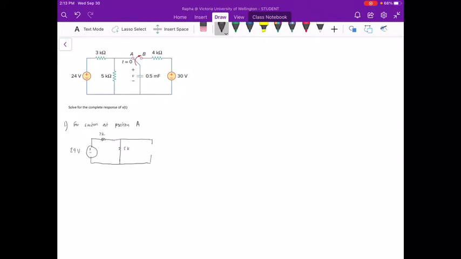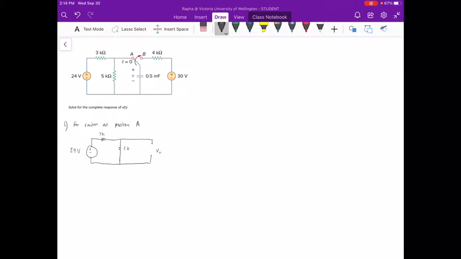our VC, or the capacitor voltage, in which in this case again we need to remember that under DC conditions our capacitor is analyzed or assumed as an open circuit. So we have two resistors here, but our capacitor voltage VC is actually equal to the voltage across the 5 kilo ohm resistor.